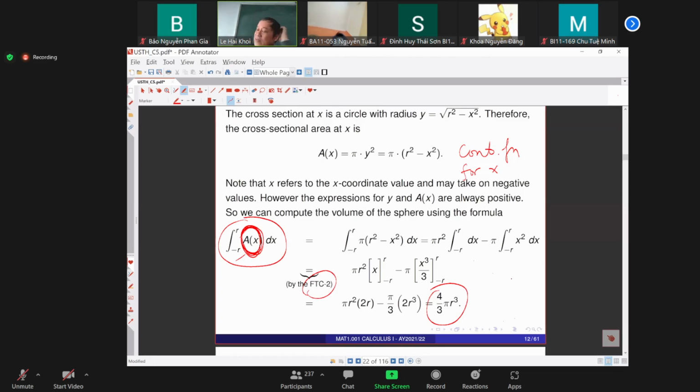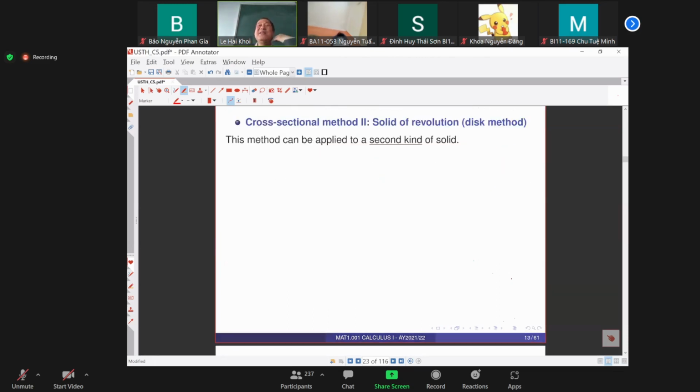Okay, so this example illustrates what you can do. Now, this is general, but in general it is not easy to find the cross section. And of course, surely it leads to another difficulty: how to compute A(x), the area of the cross section. If we cannot do it, then we cannot use the formula.